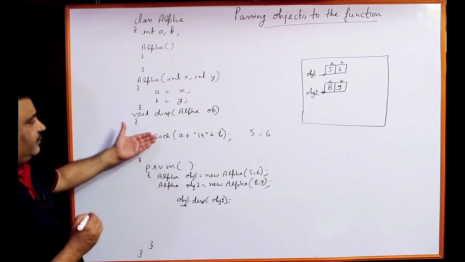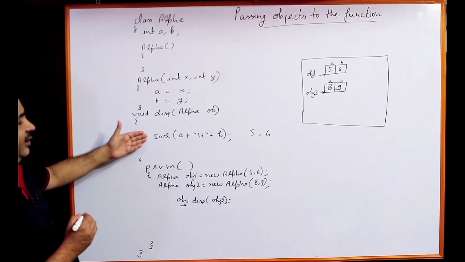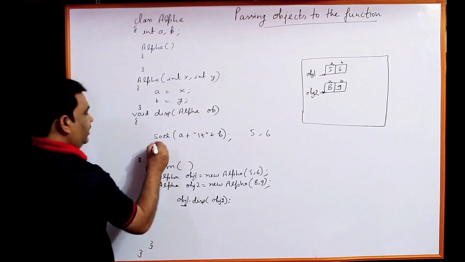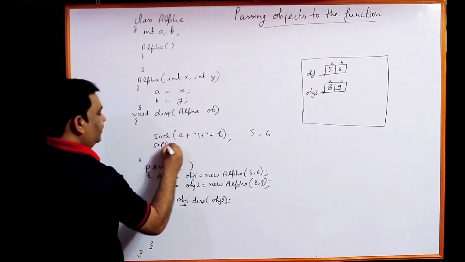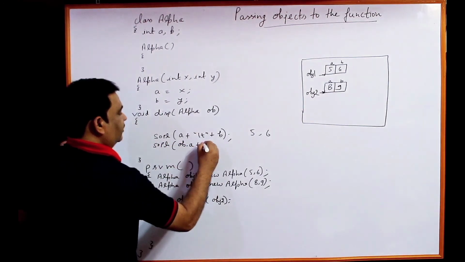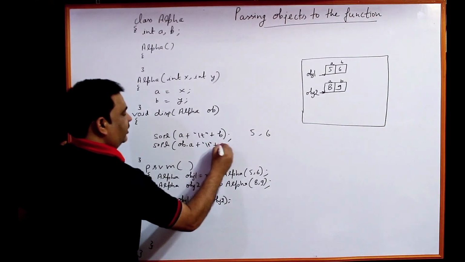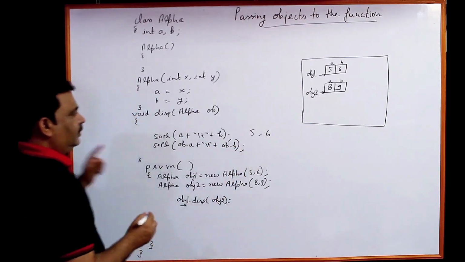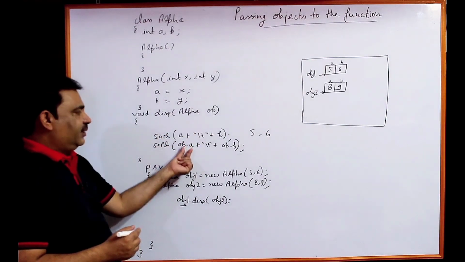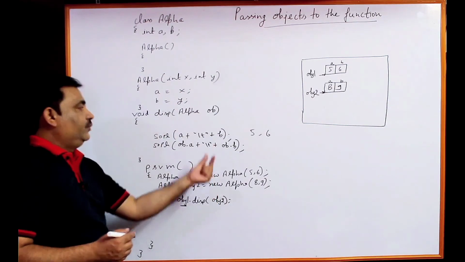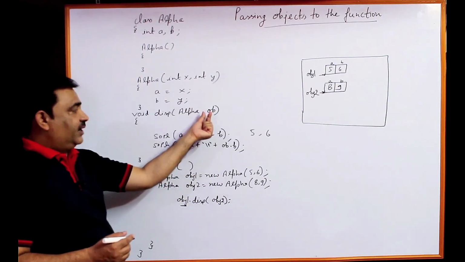But how can this function print the value of obj2 which we have passed to OB? Here you have to write OB dot A plus, this is the gap backslash t, OB dot B. With the help of this object you can access the data members OB dot A, OB dot B. So obj2 is passed to OB, the reference is passed to OB.